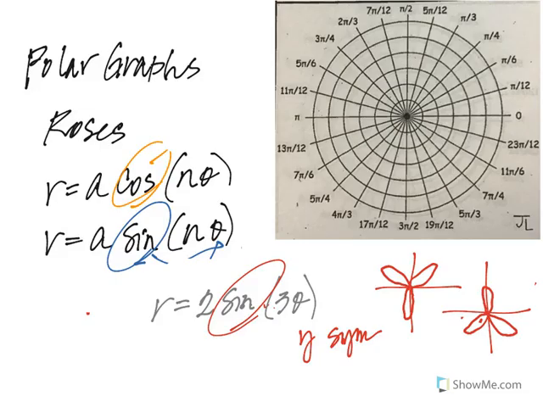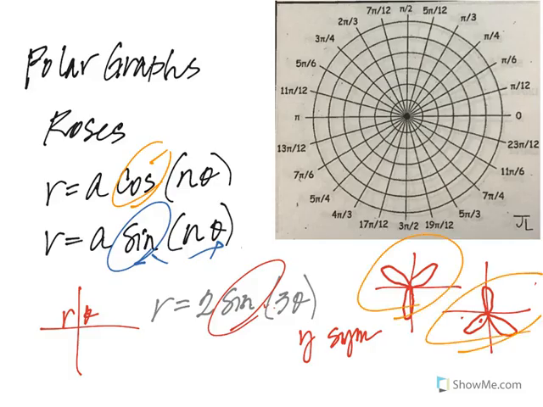Now, these shortcuts are designed to allow you to graph these quickly without doing an r theta table. However, there are questions whether it points up or down, so you're going to have to do just one entry in an r theta table, as opposed to many entries, and you're going to choose an angle that will indicate which graph it is.